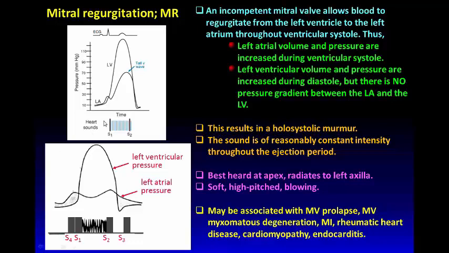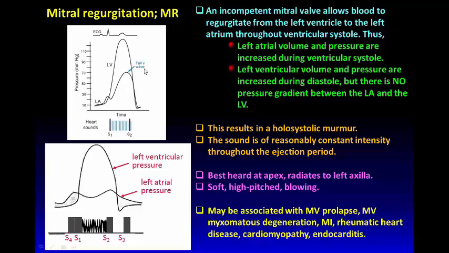So here we have the left ventricular pressure curve, which is normal, and this is the left atrial pressure curve showing a tall V wave.